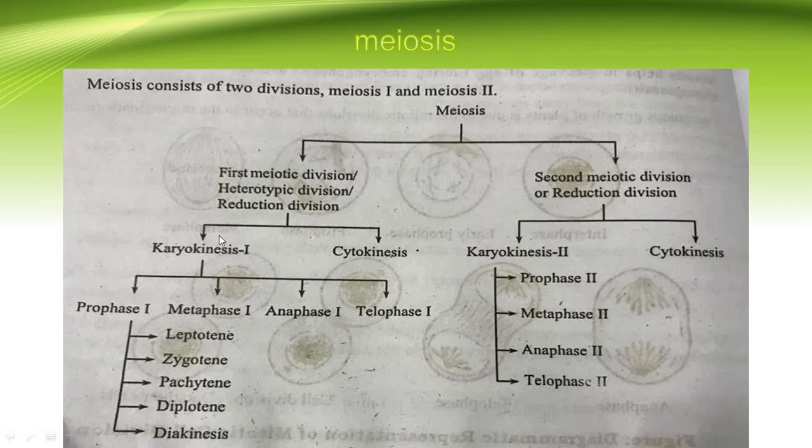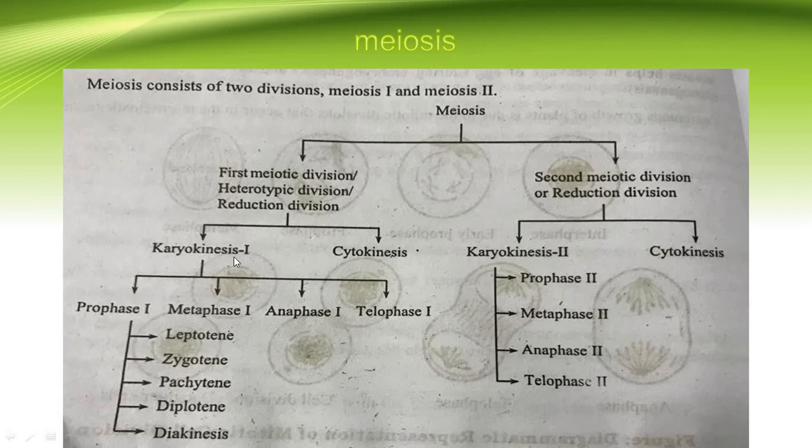Meiosis 1 is divided into karyokinesis and cytokinesis. Just now we have discussed about karyokinesis is involving the division of the nucleus. Cytokinesis involves the division of cytoplasm. The fluid content of the cell is the cytoplasm.